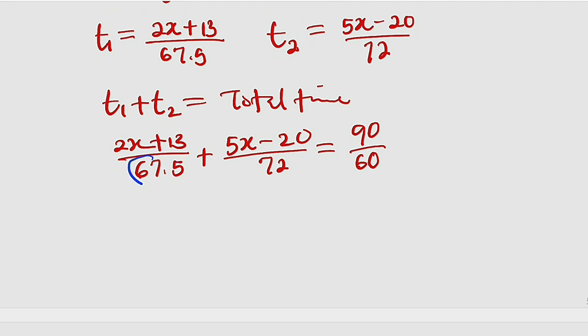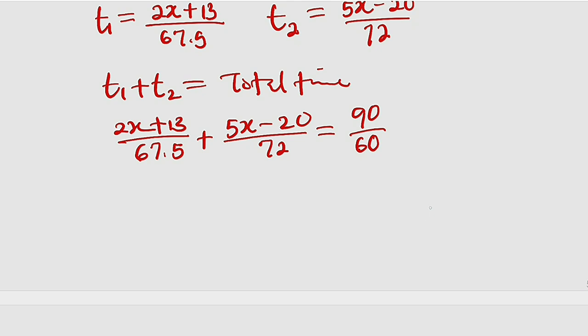First of all, I would like to transform this decimal number into a fraction, because I know that 67.5 is the same thing as 675 divided by 10, right? Which to the lowest term can be written as 135 divided by 2, because 675 divided by 5 is 135 and 10 divided by 5 is 2.